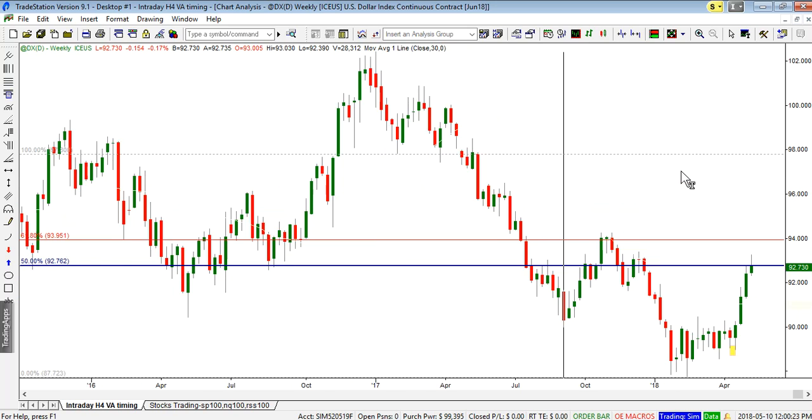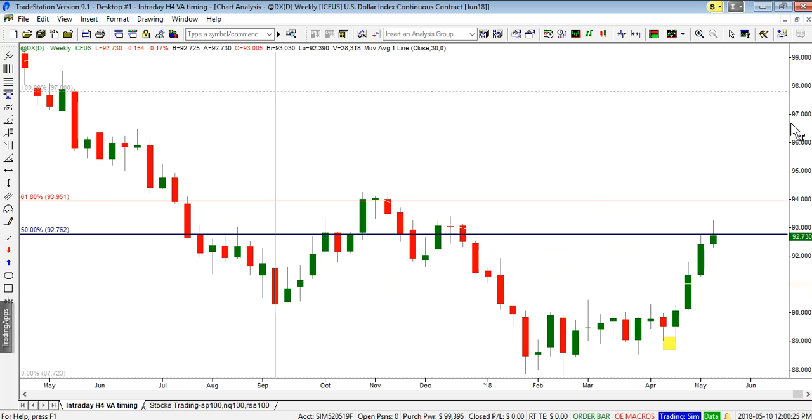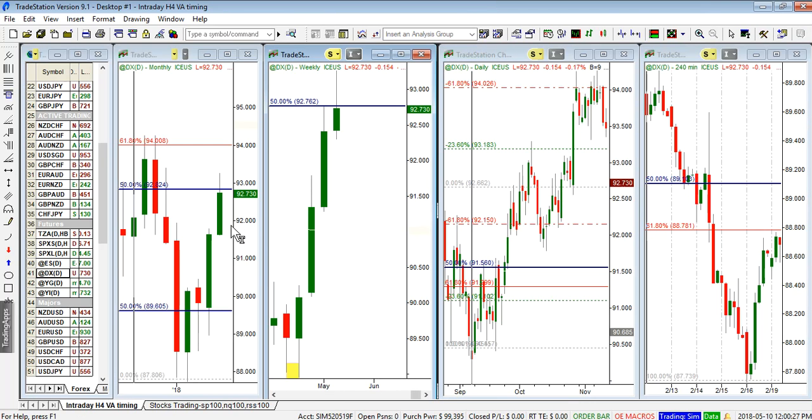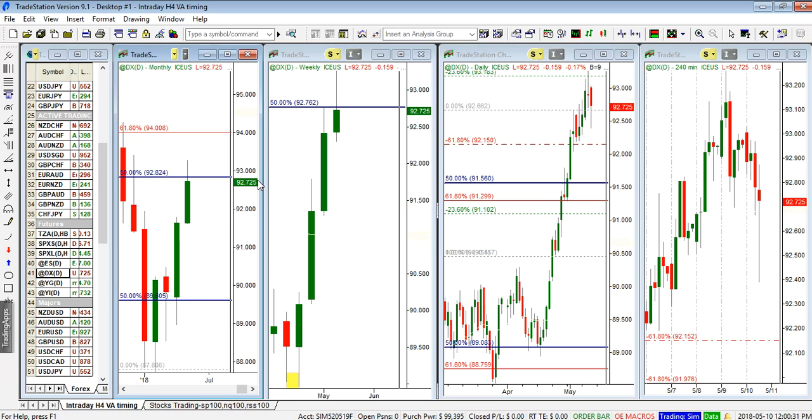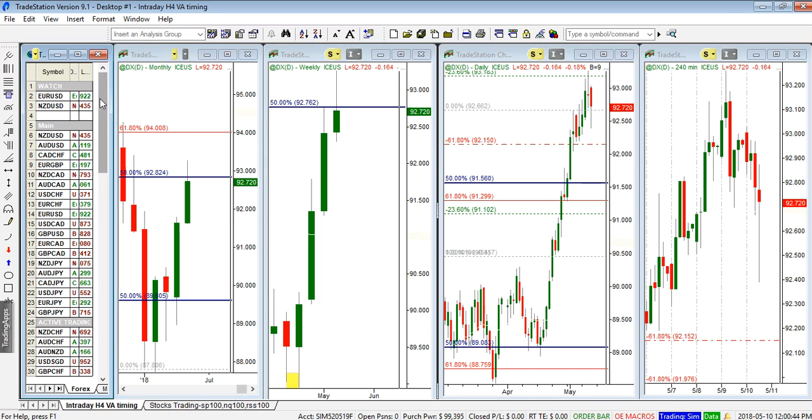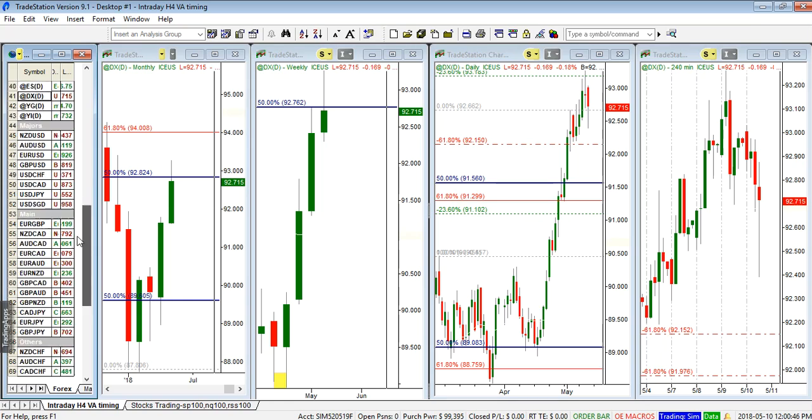But bonds, futures and bond ETFs are suggesting a prolonged move lower, and maybe we're going to look at one bond ETF later on.